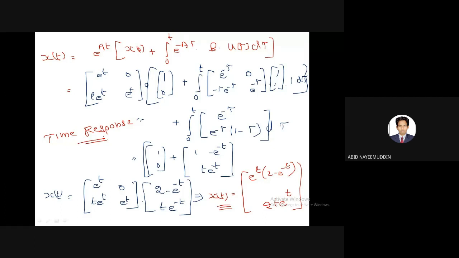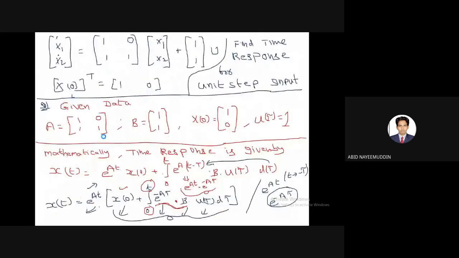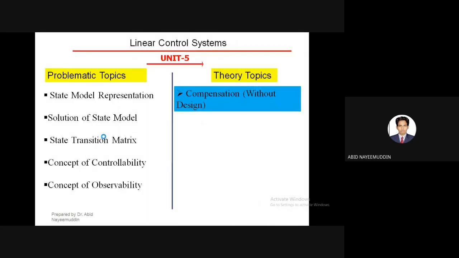If you are having any doubts, feel free to ask. So here is the end of this last concept, the concept of determination of time response analysis.